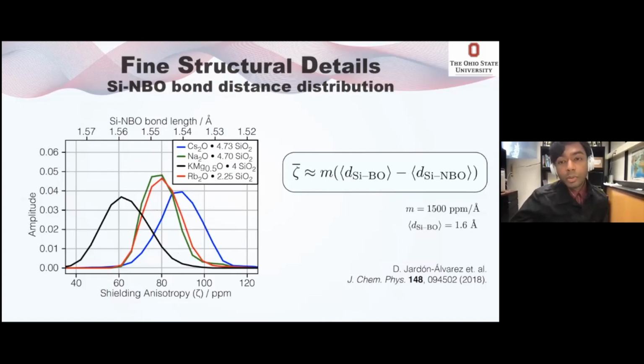So with that equation, we can convert a shielding anisotropy distribution into a silicon non-bonding oxygen bond length distribution, which is also consistent with what we find in the literature for the mean position of the silicon non-bonding oxygen bond lengths. And that is the second step of taking the parameter distribution into a structural distribution.